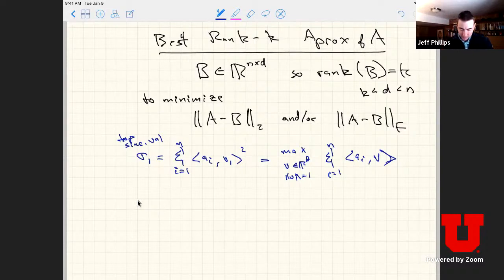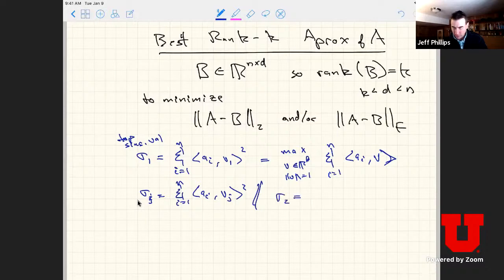Okay, and similarly, in general, sigma_j comes from the sum over i equals 1 to n of a_i dot v_j, squared. But I can find v2 by saying, in general, sigma 2 is going to be the max over all v in R^d such that the norm of v equals 1 and v dot v1 is equal to 0.